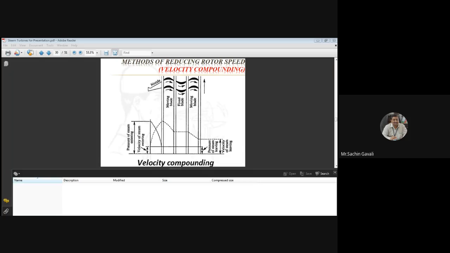Because this is revision, and this chapter is very theoretical with only one or two hours of analysis part. Anybody of you, please unmute and tell what is compounding.